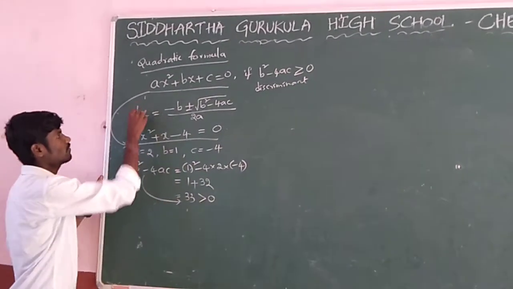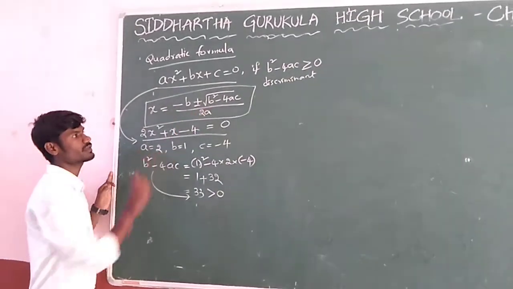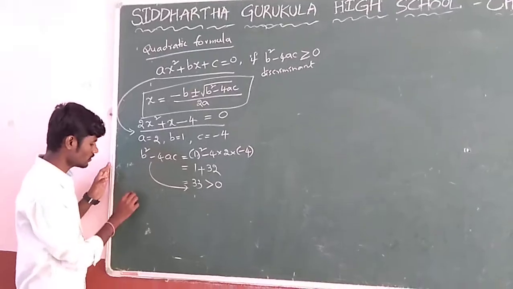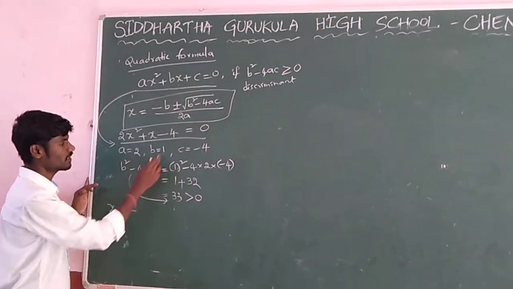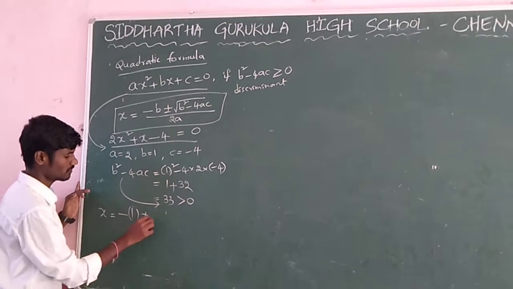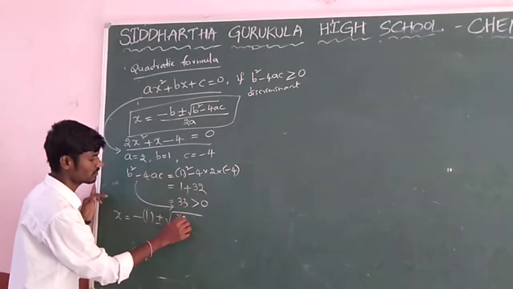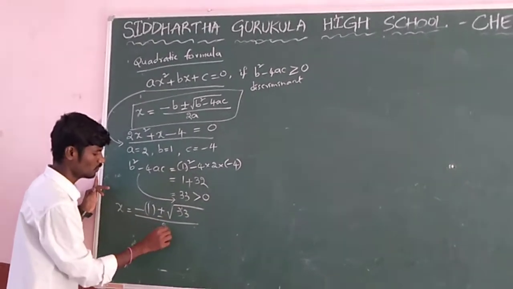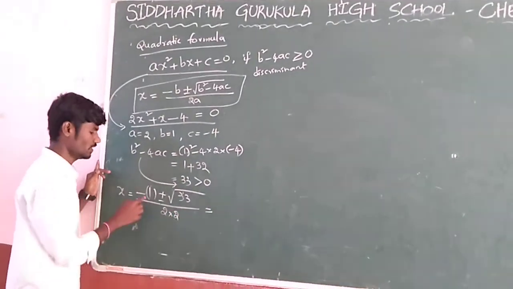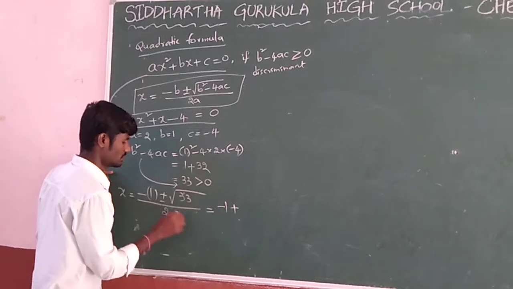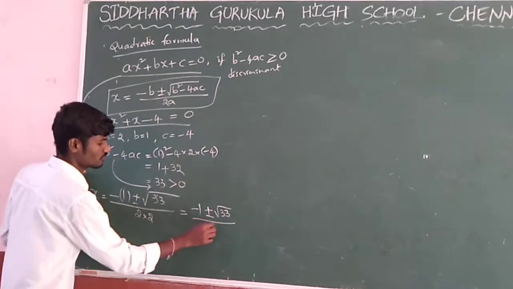Then by the quadratic formula, x equals minus b plus or minus square root of b square minus 4ac, by 2a. The value of b is 1, plus or minus square root of b square minus 4ac, which we already got as 33, divided by 2a, where a is 2. Now, minus 1 plus or minus root 33 divided by 2 into 2, which is 4.